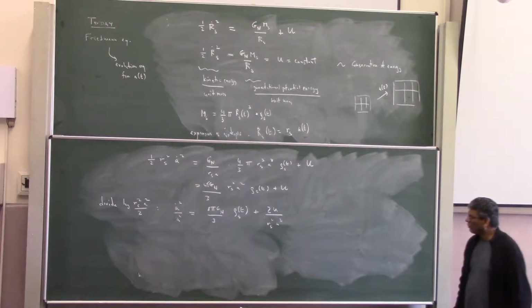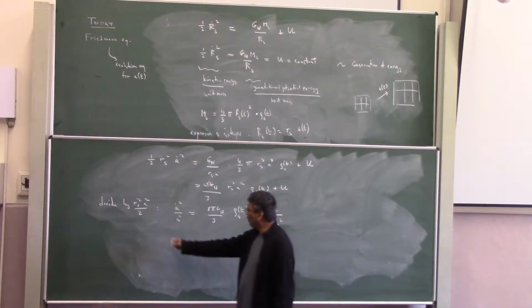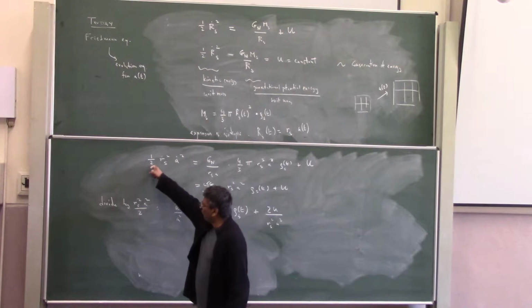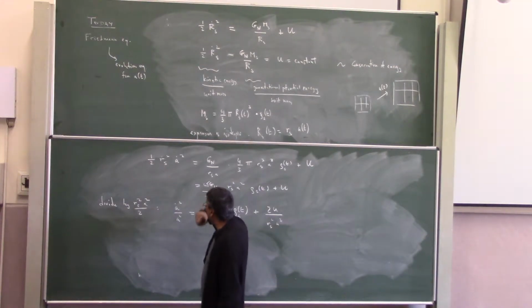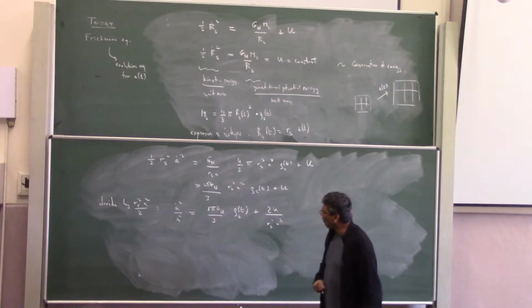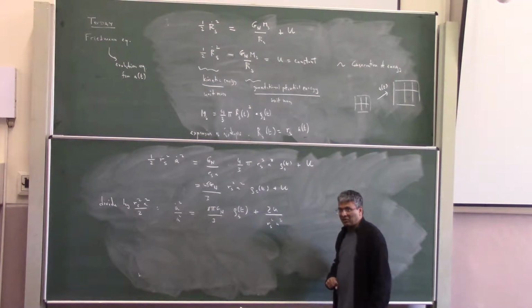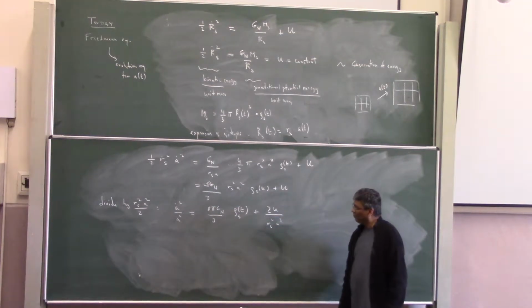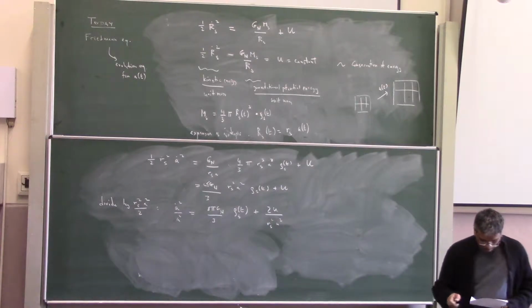So we get rid of the factor of 1/2 and Rs squared on the left, and the factor of Rs squared and A squared on the right-hand side as well.